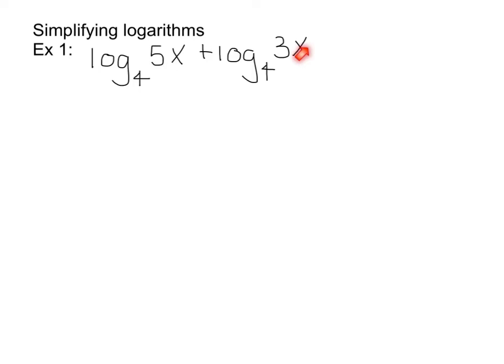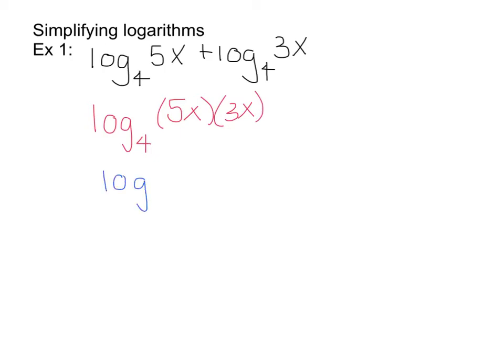So I write it as one log, the log base 4, and then I have 5x times 3x. So 5x times 3x gives me 15x squared. You know you're done because you've condensed it to one logarithm, and then all of this is over here as its number.